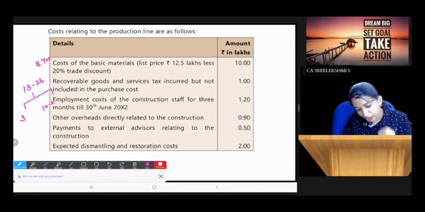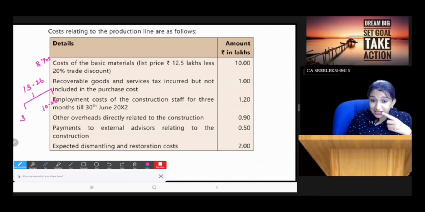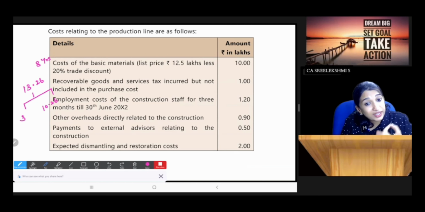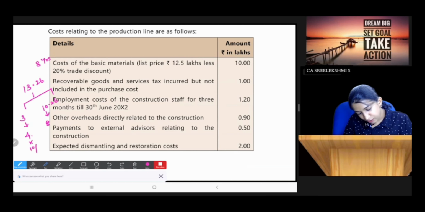The balance is 10.26. A significant item having a significantly different useful life has to be depreciated separately. So for the 3, the useful life is 4 years, and for the 10.26, the useful life is 8 years, into 10 by 12.